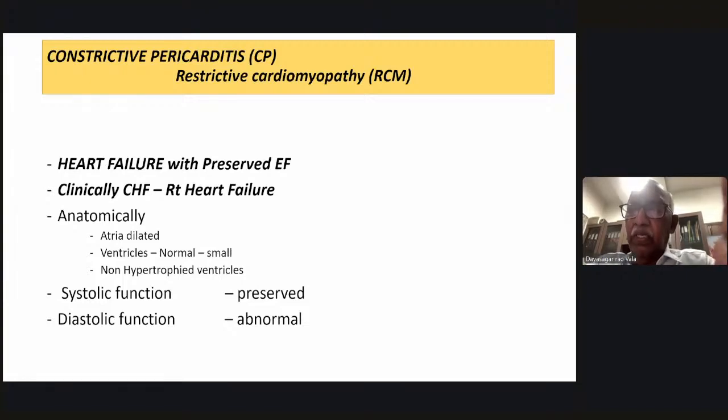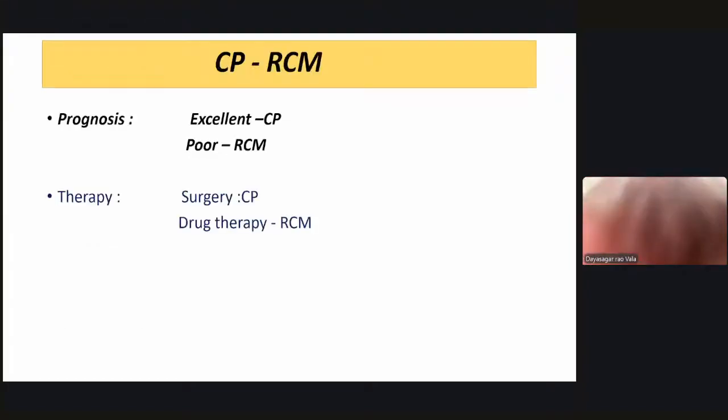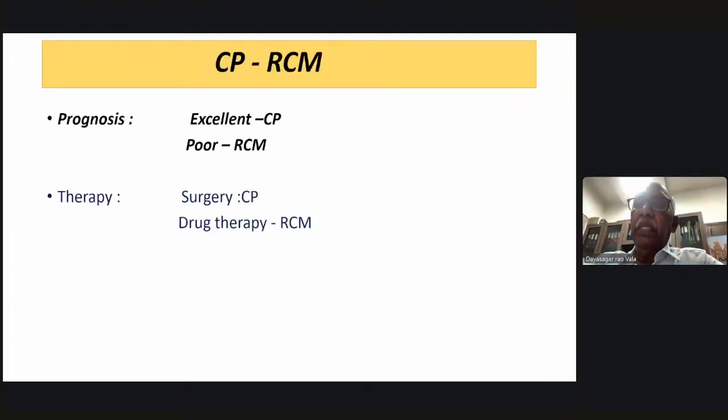Can I have the next slide? But the prognosis between the two is totally different. Constrictive pericarditis, once diagnosed reasonably early, has a very good prognosis, especially when they undergo surgery at the appropriate time and at a reasonably good center in India.